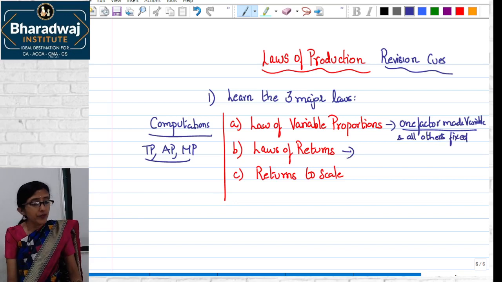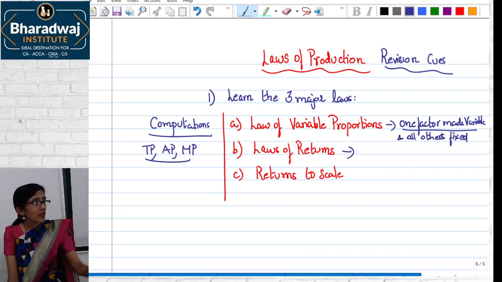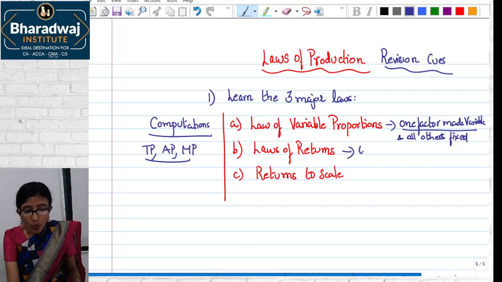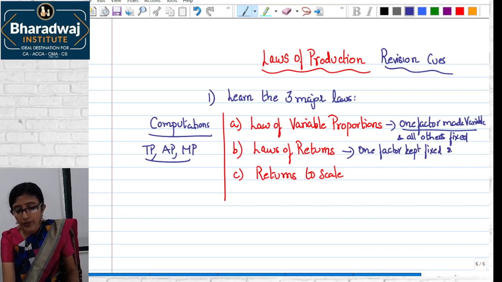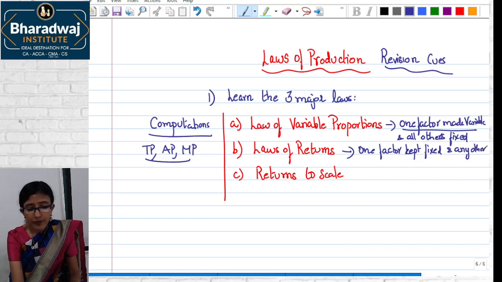Second one is, very good, law of returns: one factor kept fixed or has a fixed factor and any other will be variable.